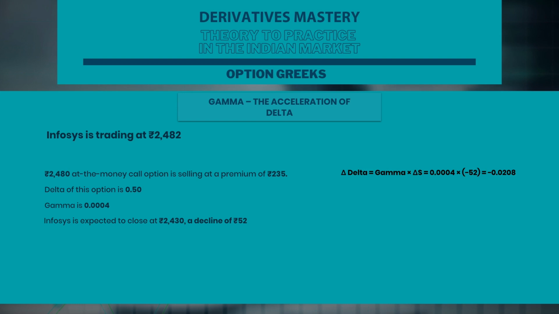That is, change in delta equals gamma into change in spot price, which is 0.0004 into negative 52 gives us negative 0.0208. This means the delta decreases by 0.0208. Subtracting this from the original delta of 0.5, the new delta becomes 0.47. As you can see, gamma has allowed us to predict how delta shifts as the underlying price moves.